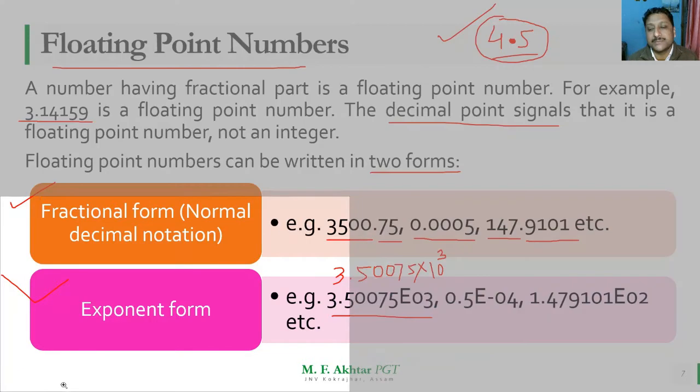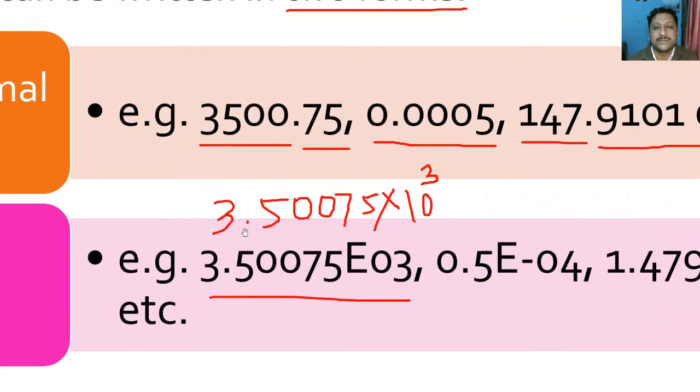Like this number is written, 3.50075 into 10 to the power 3. Then if we process these values, these numbers, it will become a number like this.